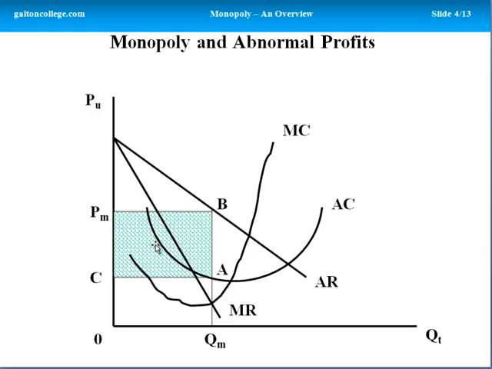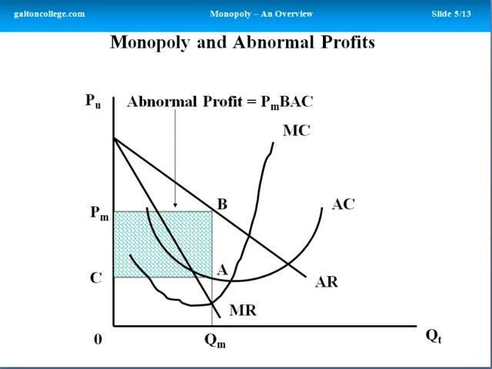In fact, we call this abnormal profit, because it's excessive profit. This company is making large sums of money. The abnormal profits are also known as excess profits. And this means that there would be an incentive for companies to try and compete away these profits if they can get in. But this is a single producer making large profits and profit maximizing.